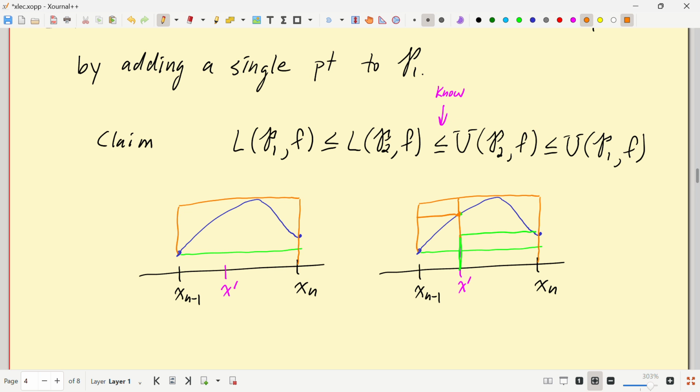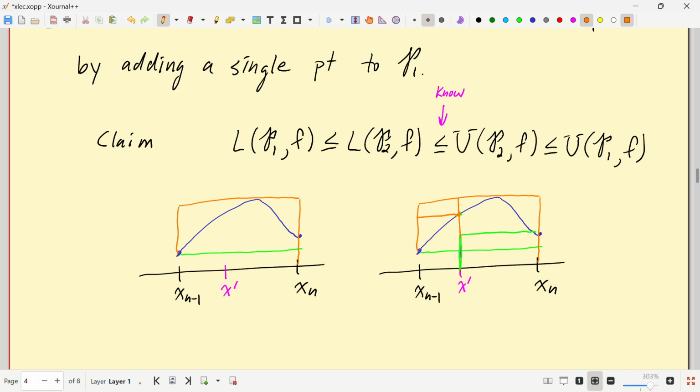I guess I'm overkilling it. It's not hard to see that if you add more points, you're adding little pieces of area that only make the lower sum bigger. And of course, there are some cases where it doesn't change, because there might be maxes and mins in just the right spot.